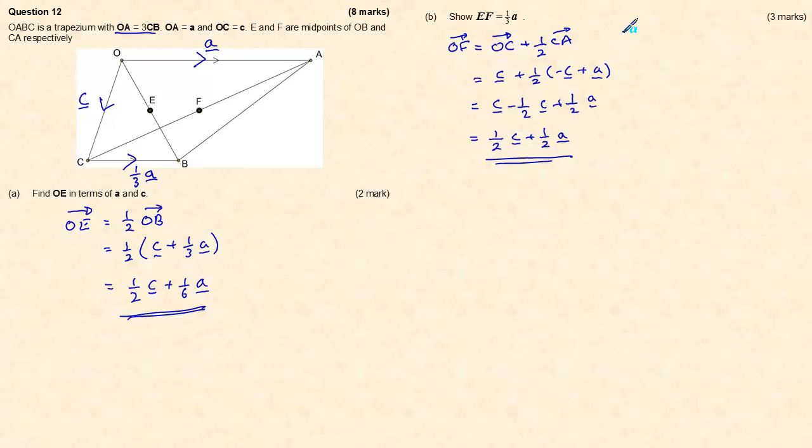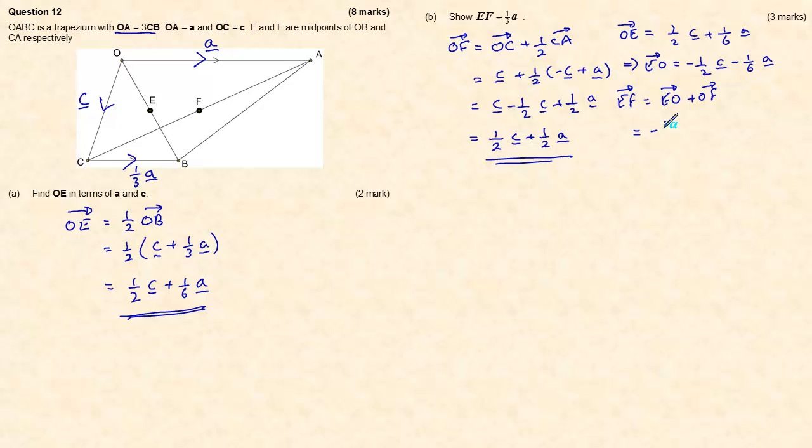Now we know that OE is equal to a half of C plus 1/6 of A, so that means that E to O is just the negative of that. So EF is equal to EO plus OF.